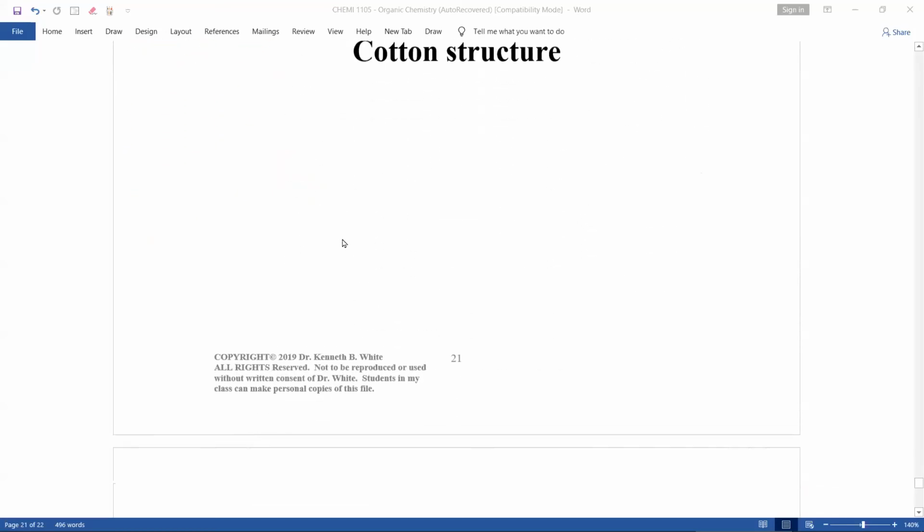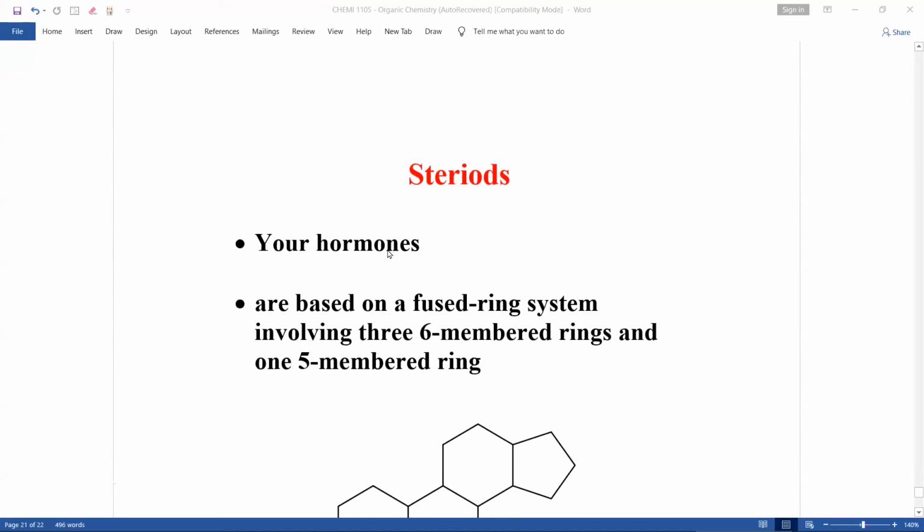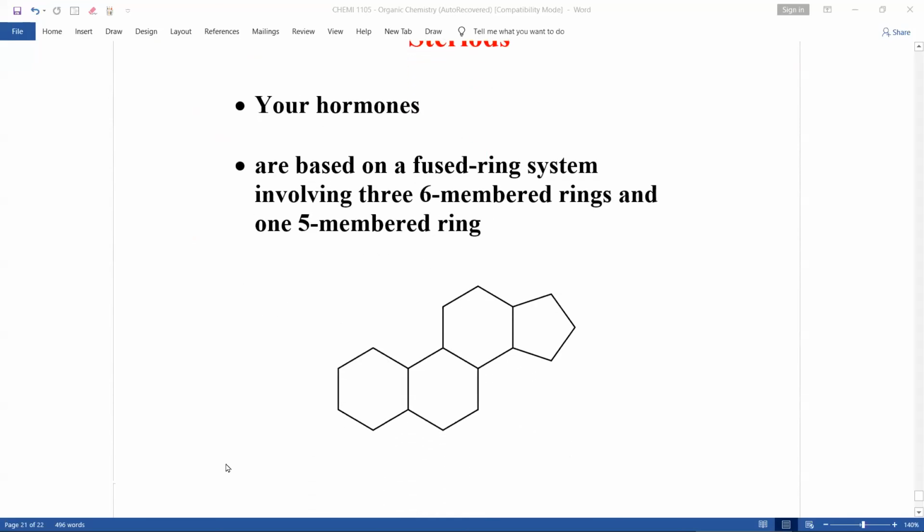Now, there's one more thing I'd like to show you, and that's steroids. The switches are off, but I thought you'd be interested. This is organic chemistry. Steroids, otherwise known as your hormones, are based on this ring system. In the ring system, each bend in a line is a carbon.